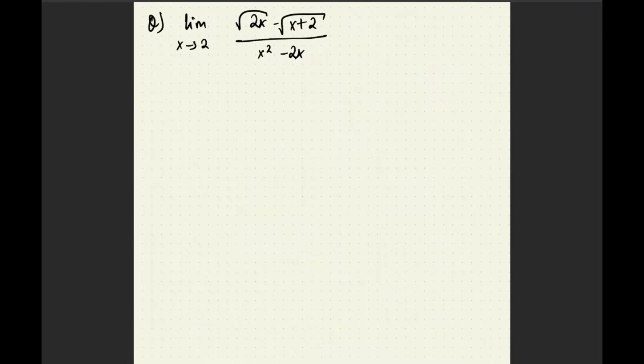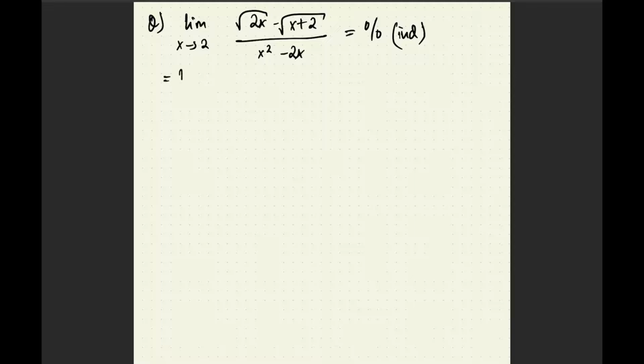Let's look at another example. First you're going to try to plug in, but if you do it, you will realize that it comes down to 0 over 0, which is indeterminate. So you have your numerator, which contains a square root plus or minus another term. In this question, the other term is a square root itself. So that's all the signs we need to use the conjugate method, right?